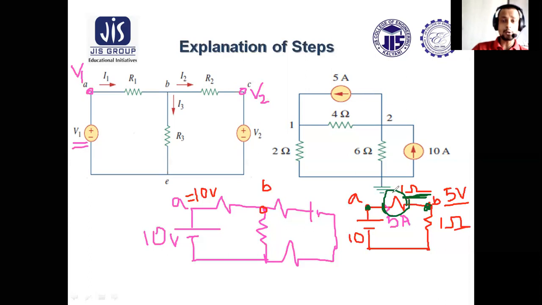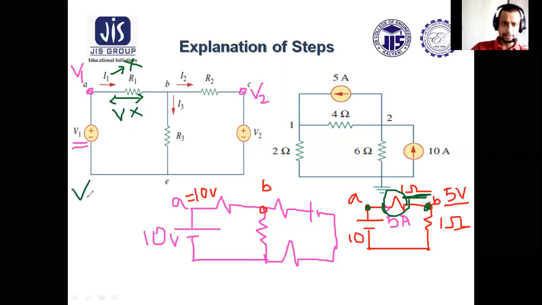If the voltage drop is not known to us, voltage at point B is not known. So if this I1 current is not known to us, then the voltage drop across R1 will not be known to us.